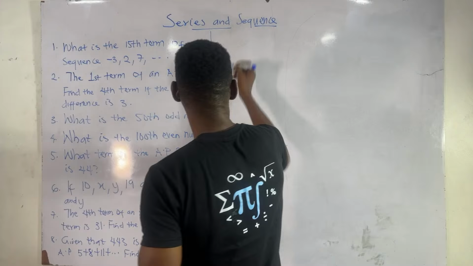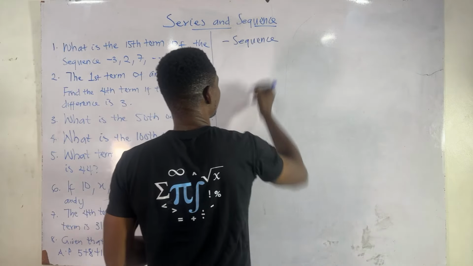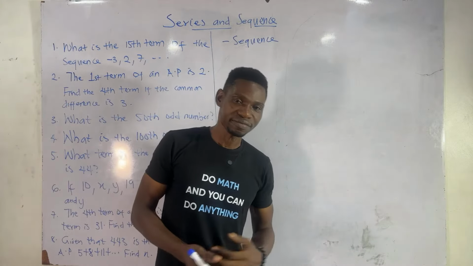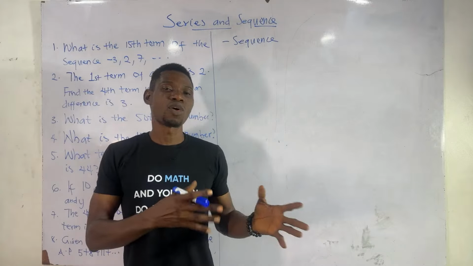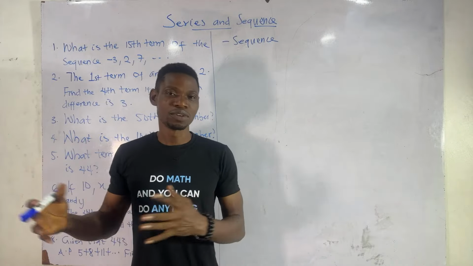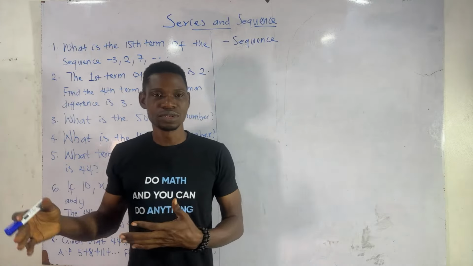So let's start with sequence. What is a sequence? A sequence is simply an ordered list of numbers. The pattern which the order follows is known.